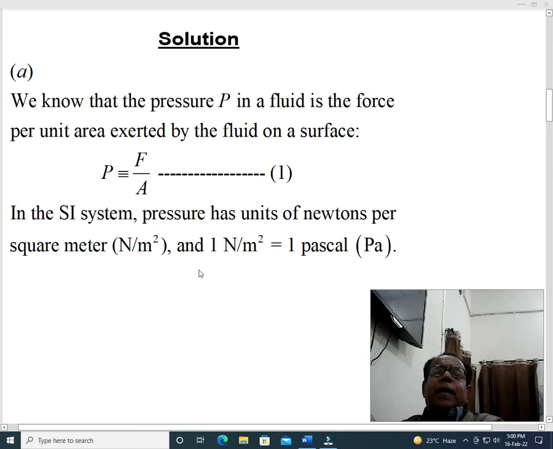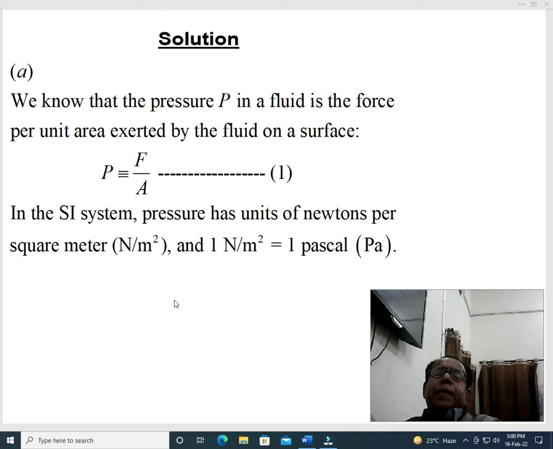We first start as in our previous 4 modules from the definition of pressure. We know that the pressure P in a fluid is the force per unit area exerted by the fluid on a surface.